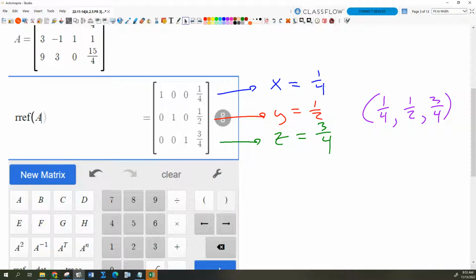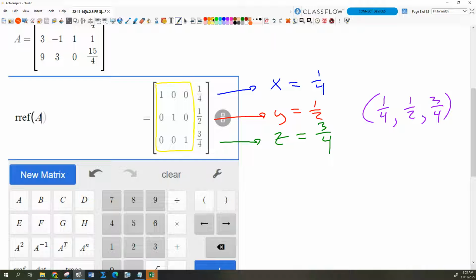Now, last time, I want you to notice something about this matrix that we got. This part, the first 3 by 3 part of that matrix, that's called the identity matrix. That's the matrix equivalent of the number 1.